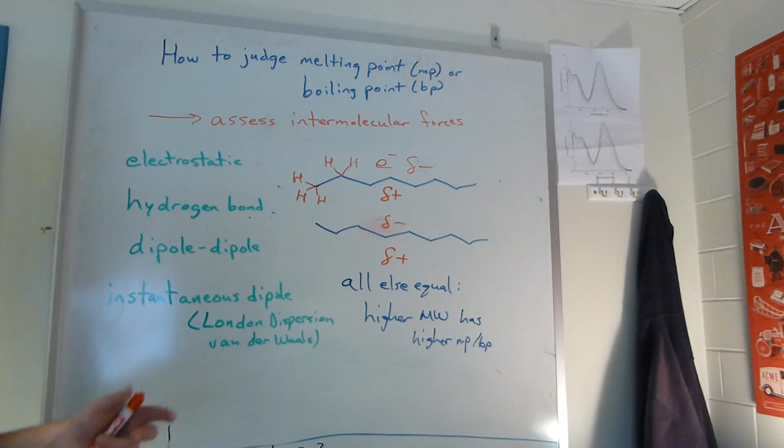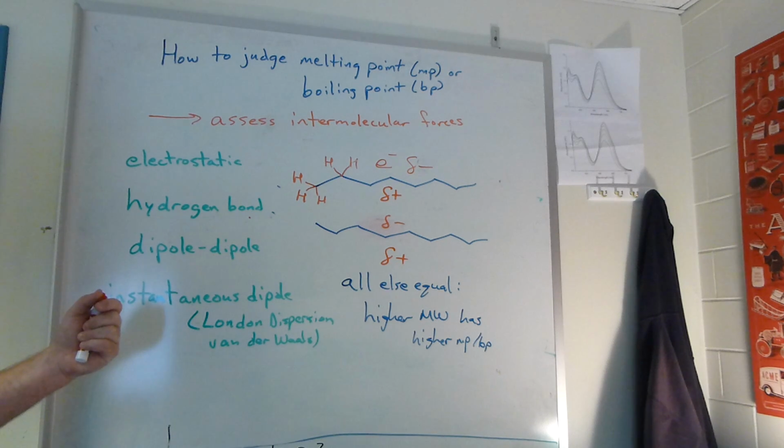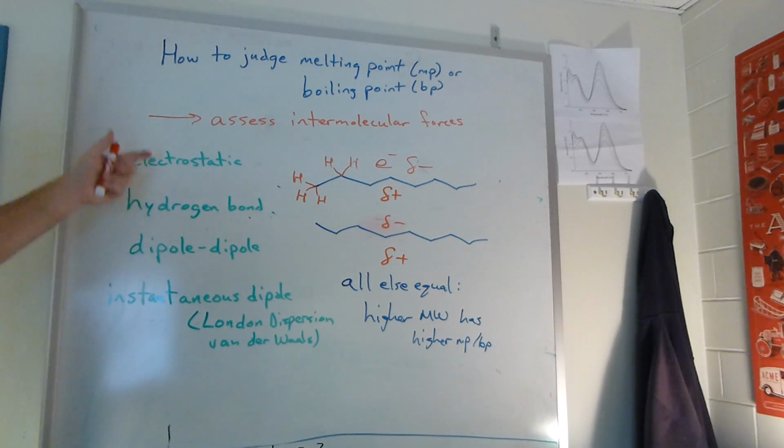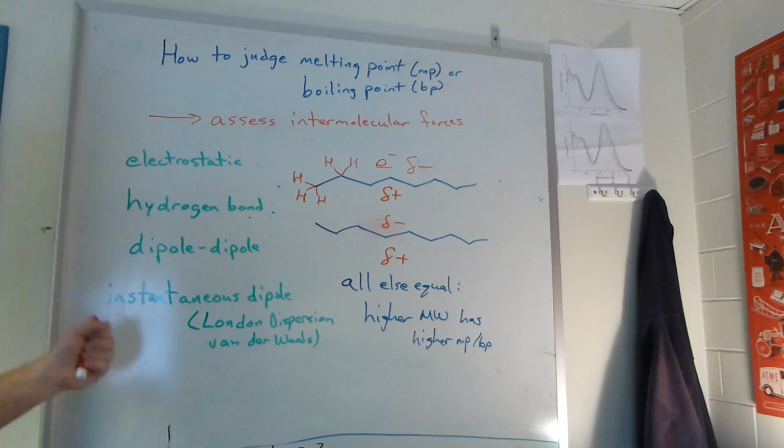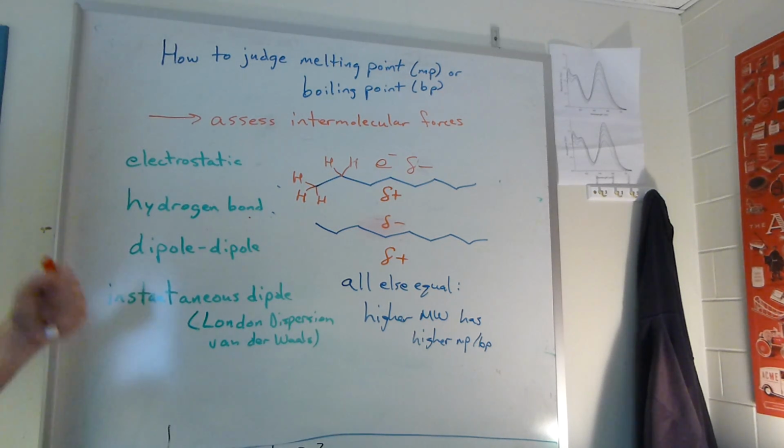So if you're comparing two molecules, molecule A and molecule B, they have equal types of intermolecular forces, so they both hydrogen bond and have some van der Waals. One has a much higher molecular weight. That higher molecular weight compound will be the one that boils higher and melts higher.